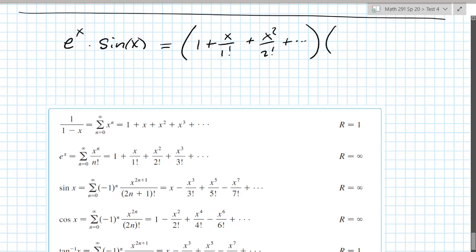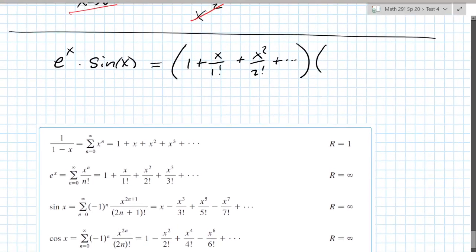And then times, so this is alternating, but it tells us x minus x cubed over 3 factorial plus x to the 5 over 5 factorial, and so on there. So the way to do this would be just to FOIL this out and keep things lined up.